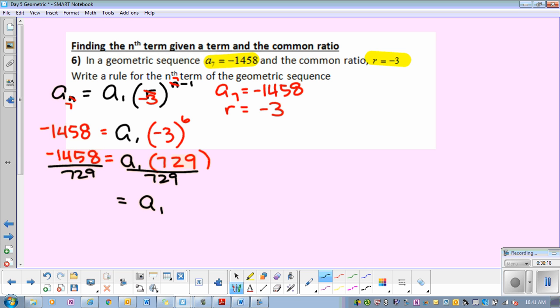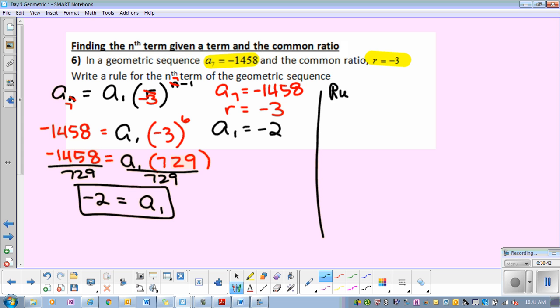Is it -2? Thank you. -2. Yep. So guys, look, now you know a sub 1 and you know r. So now you can write the rule, because all you have to do is just plug in a sub 1 and plug in r, right?